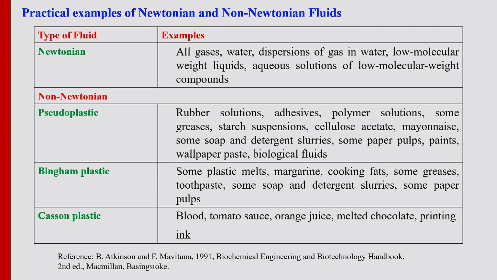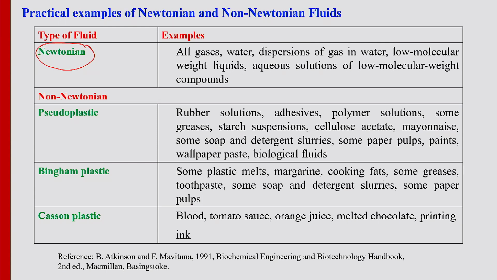I think you understand that one. So far we have discussed different types of fluids: Newtonian, then pseudoplastics, then Bingham plastics, then Casson plastics. So what are the examples? Because we need some examples.